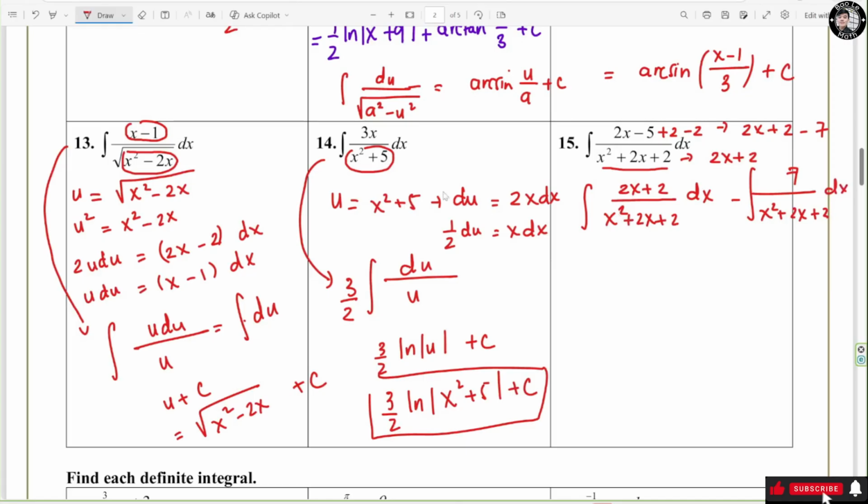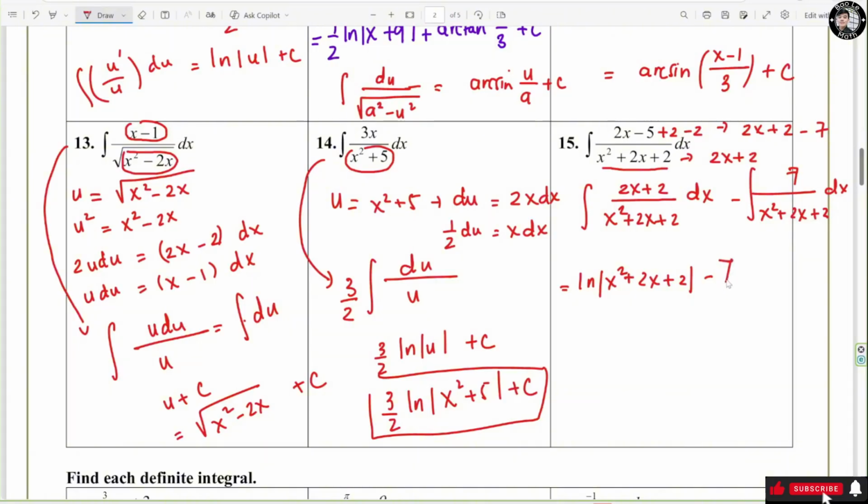Now, we have the formula: the antiderivative of u prime over u is ln absolute value of u plus c. So this turns out to be ln absolute value of s squared plus 2s plus 2. Now for this one right here, we just complete the square.